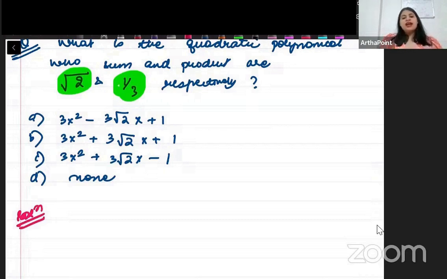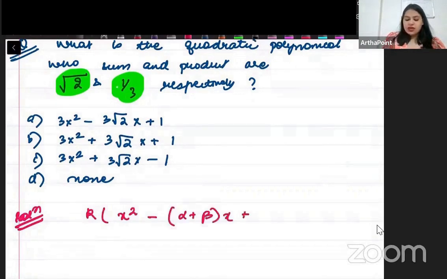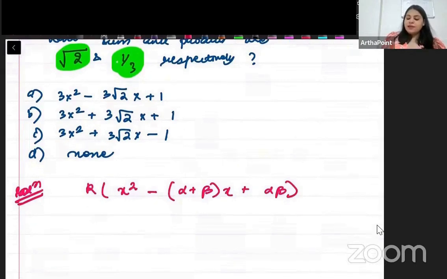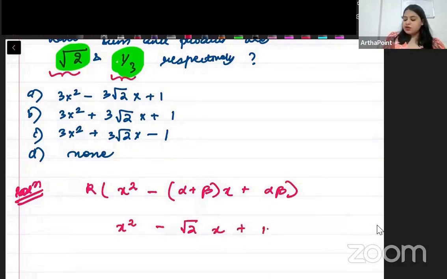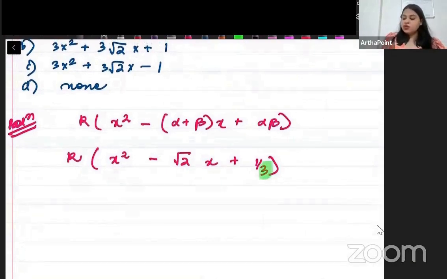Okay, beta. I just taught you this. You have to write the equation in the format k into x square minus alpha plus beta x plus alpha into beta. Beta, it is given to you that alpha plus beta is root 2, and alpha into beta is 1 by 3. I told you we don't need anything in the denominator. Denominator should be 1.